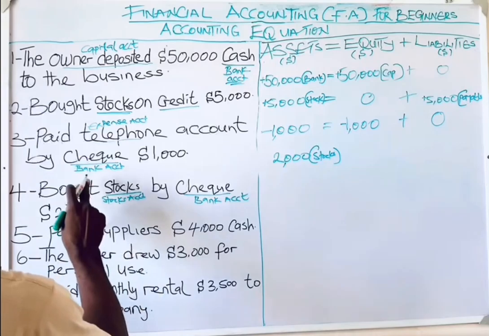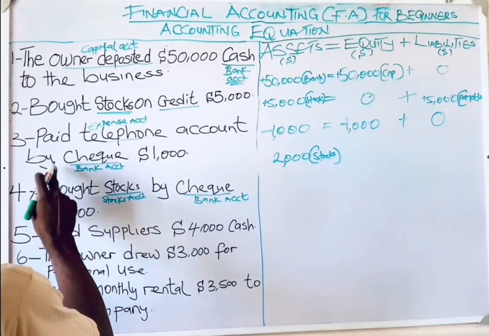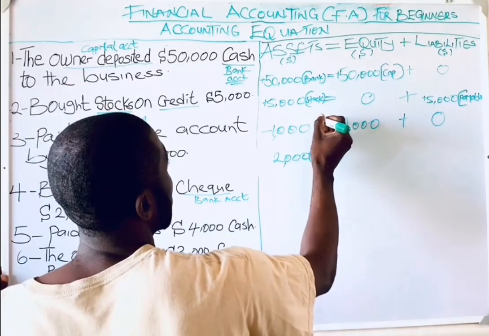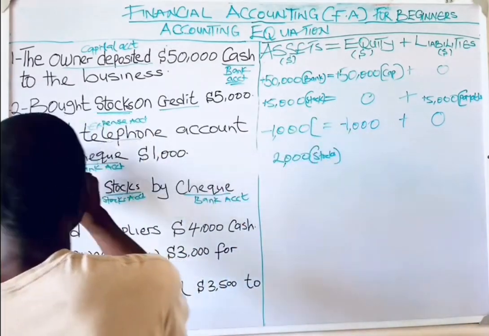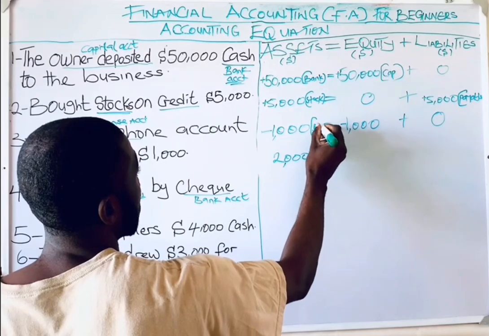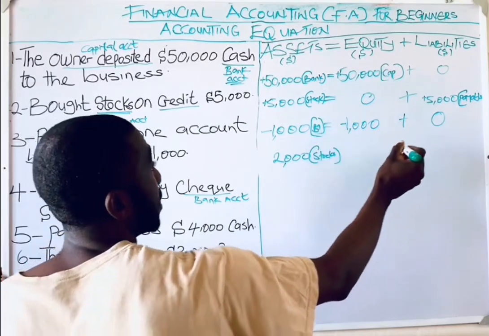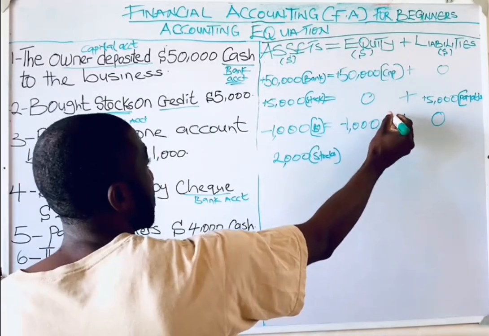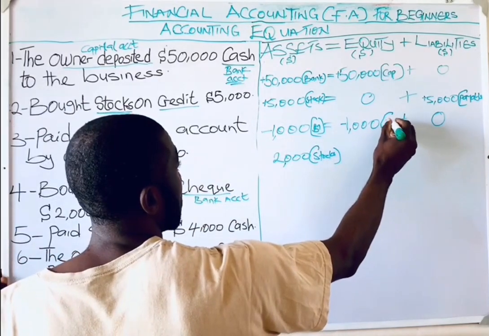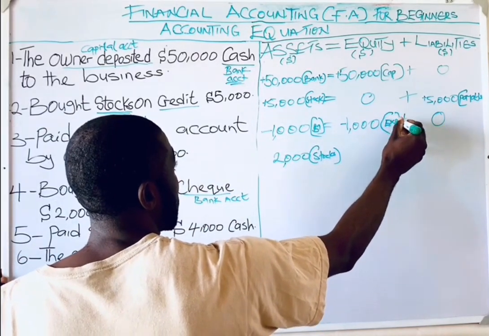And for the third transaction, here is bank. You put your bank, and for the equity it is expense account. You put your expense account.